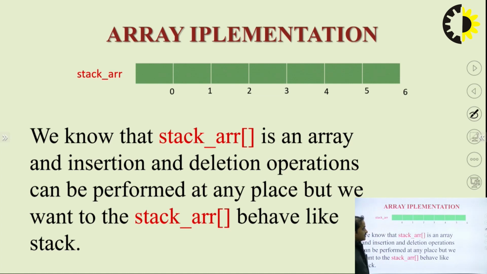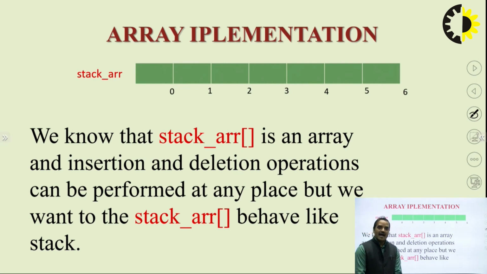Now we talk about array implementation. There is a difference between implementation and representation. Representation means how the structure is constructed inside the memory, how the data is represented. But in implementation, we show the programming part.